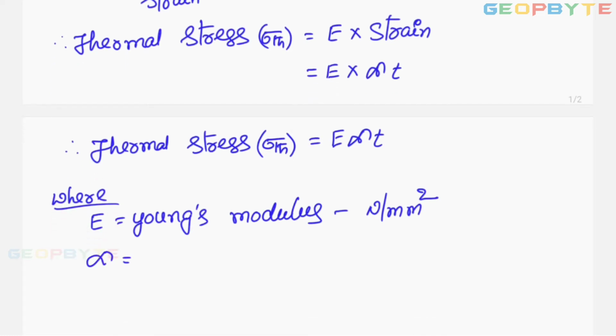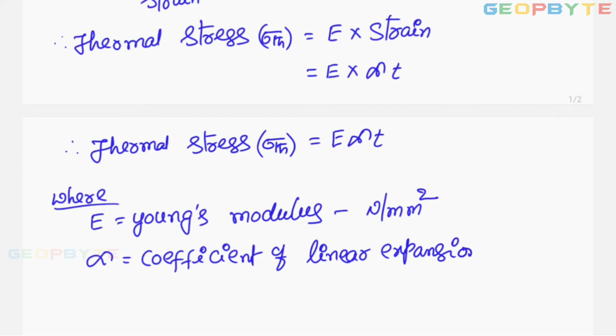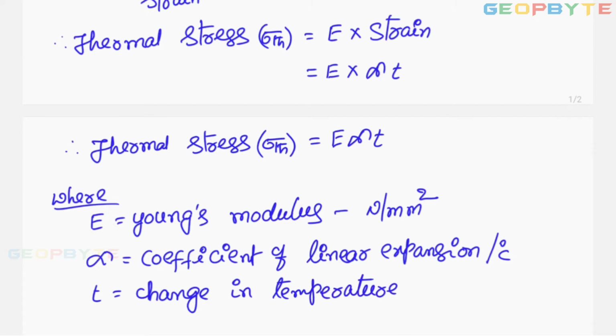Alpha equal to coefficient of linear expansion, unit per degree centigrade, and T equal to change in temperature, it is in degree centigrade. That is how you can decide the stresses developed due to temperature change.